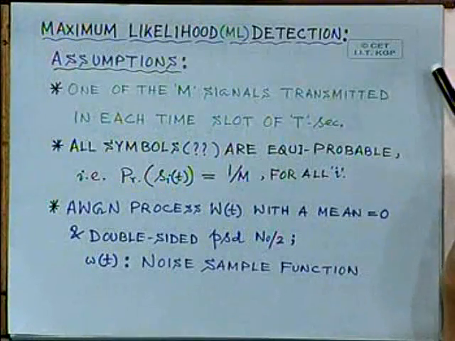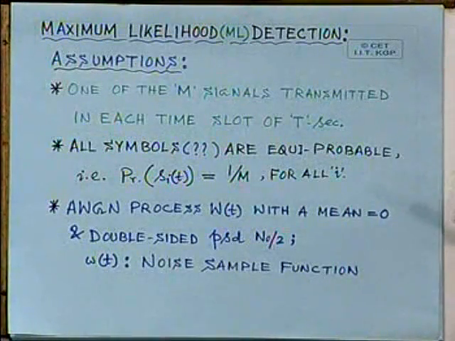The number of symbols may be 2 or any larger value, and these M symbols will be transmitted through M time limited energy signals, and we know that the Gram-Schmidt orthogonalization procedure can be used to design these M signals to a good extent. And we also assume that one of the M signals will be transmitted in each time slot of T seconds, that is the signal duration or symbol duration.